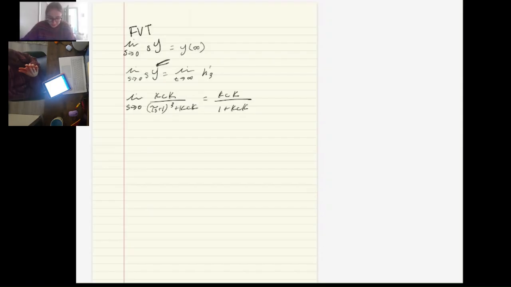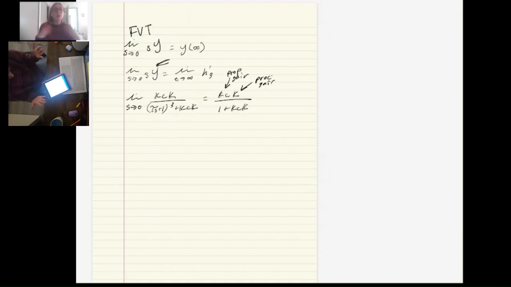From this, what we know is that pretty much what we have here is our proportional controller gain, and we have our process gain here. If the proportional controller gain increases, our denominator's 1 plus will become negligible because KcK will be so big.